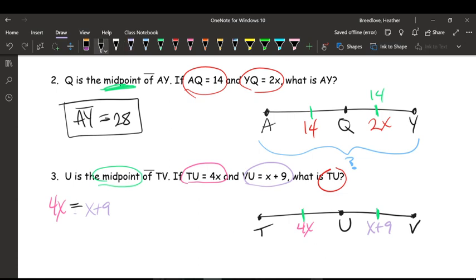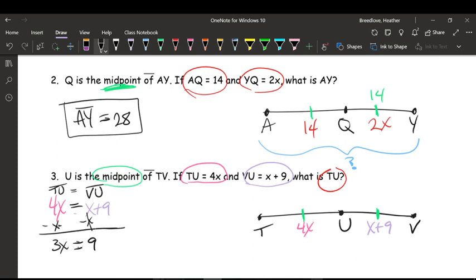Or I guess I could also say TU equals VU. So I have 4x equals x plus 9, and I'm going to use algebra to solve. So I need to subtract x to get my x's to one side. So 3x equals 9.